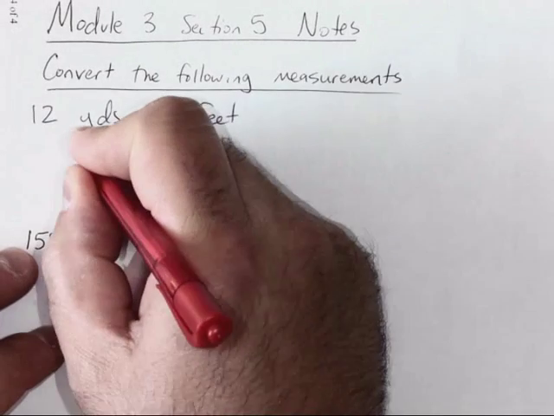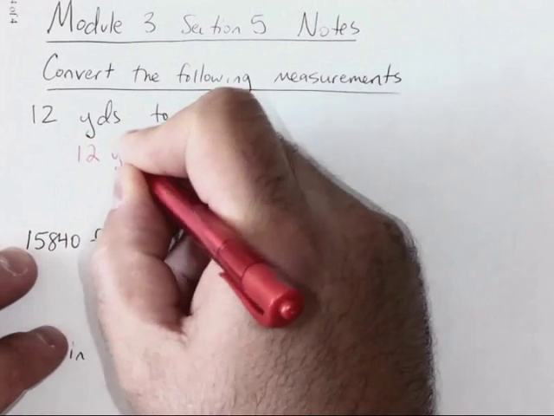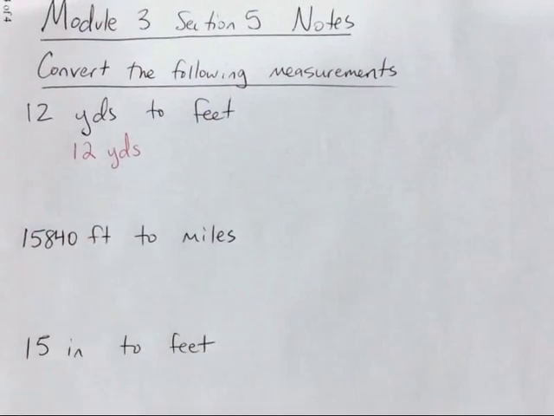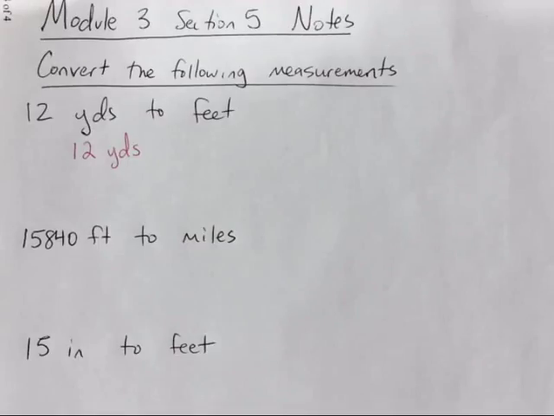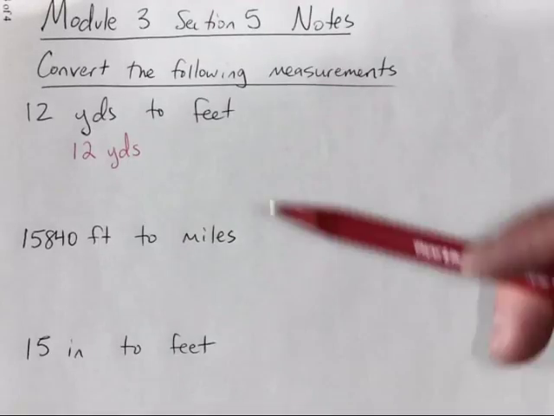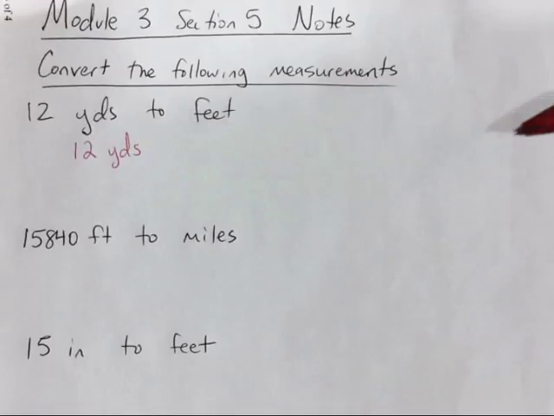So in this case, 12 yards. And I highly encourage you to label the units. So make sure that you put the yards here. If you just put a 12, that doesn't really help us any. The units are just as important or more important than the numbers in these problems.